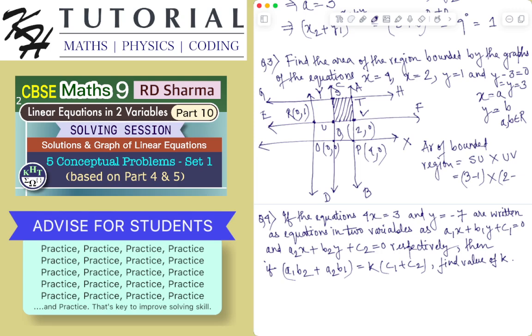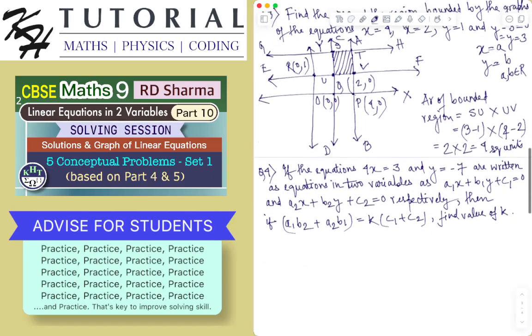So the x coordinate or abscissa of point Q is 2. I think I made a mistake in finding the x coordinate of the point V. The x coordinate of the point V will be the distance of the line AB from the origin, which is 4. So this is 4. Okay, so this is 2 multiplied by 2, that is 4 square units, the area of the region bounded by the 4 lines, which are the graphs of the given 4 equations.